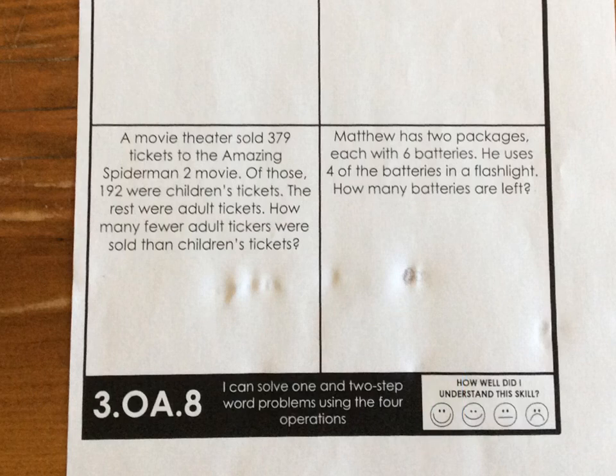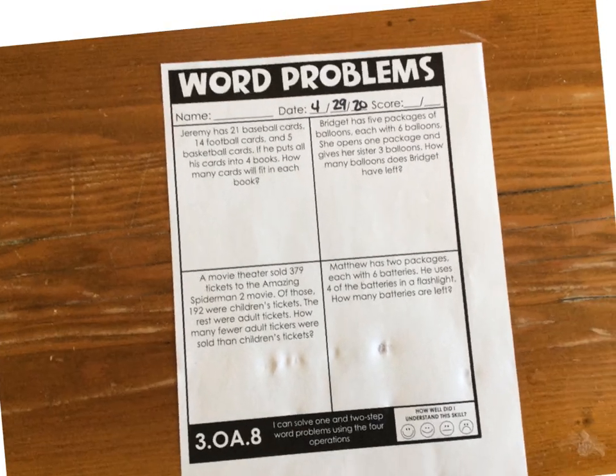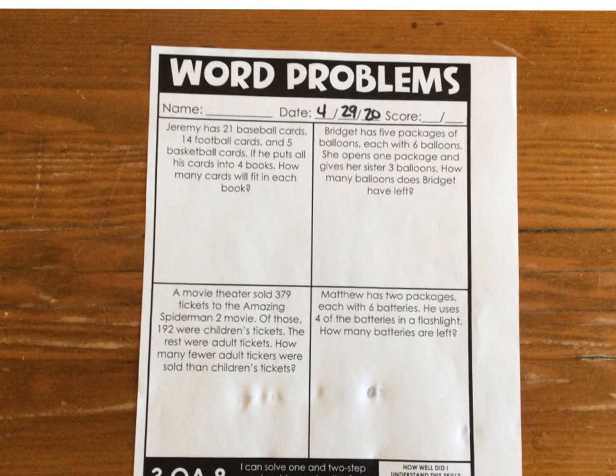So, let's talk about the 4 operations. The 4 operations are addition, subtraction, division, or multiplication. So that's what they mean by the 4 operations on the bottom of your paper.